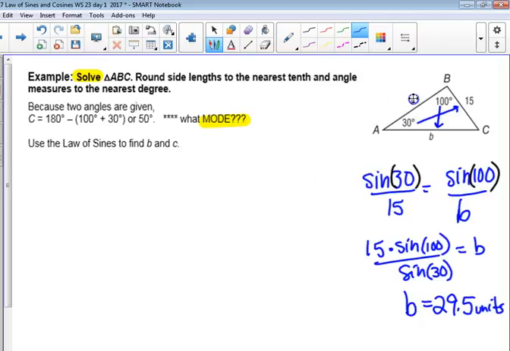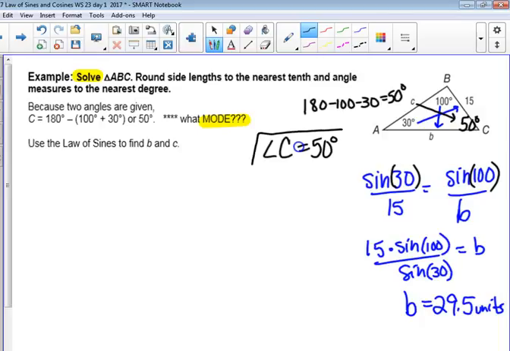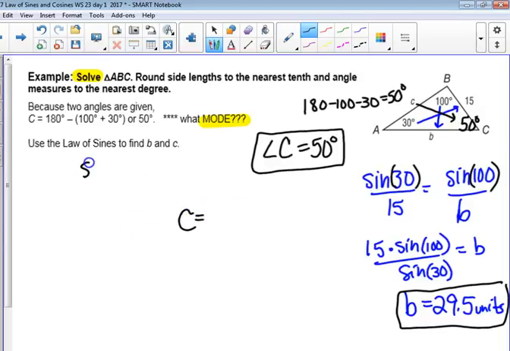All right, we need to find C now. How are we going to find side C? Yeah, we're supposed to solve, so we probably should have started by finding the easiest piece of all, which was angle C, right? 180 minus 130 leaves 50 degrees at angle C. We found side B down here, so we have left to find side C. So we can set up the sine of 30 is across from 15.